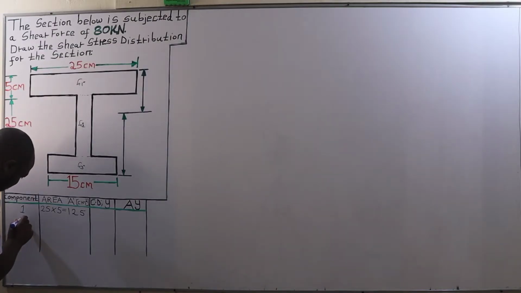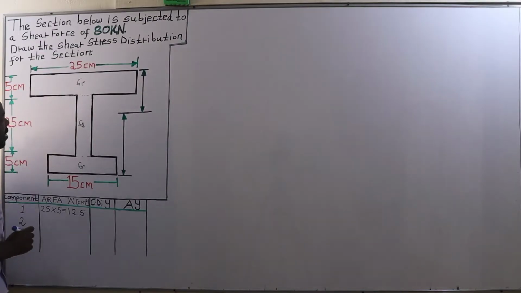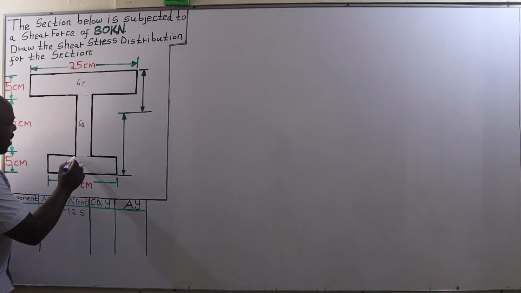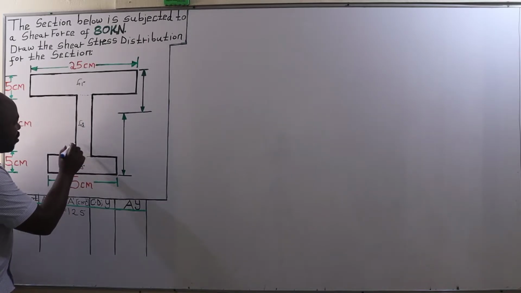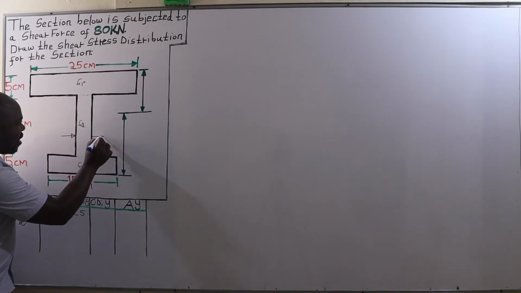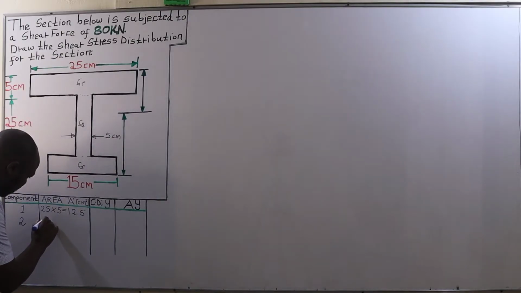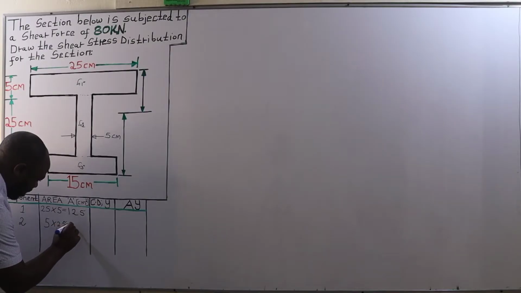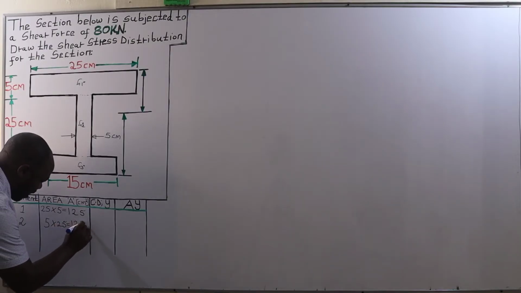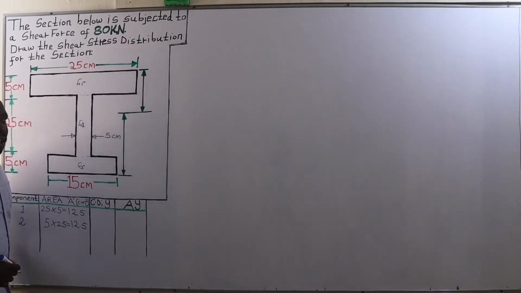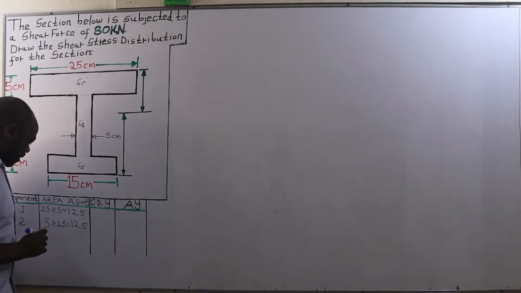The second component, the web, has a thickness of 5 centimeters, therefore a breadth of 5 centimeters multiplied by a depth of 25 centimeters, giving an area of 125 square centimeters.